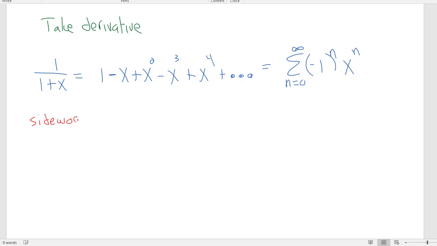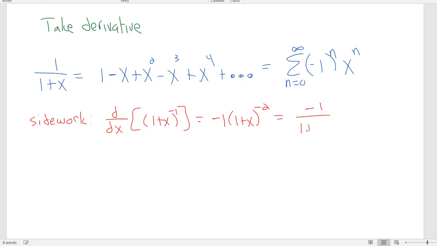When I take the derivative of 1 over 1 plus x, I'm going to write that as 1 plus x to the negative 1 power. Then I'm going to differentiate this expression, and that's going to be negative 1 times 1 plus x to the negative 2. So I end up really with negative 1 over 1 plus x quantity squared.